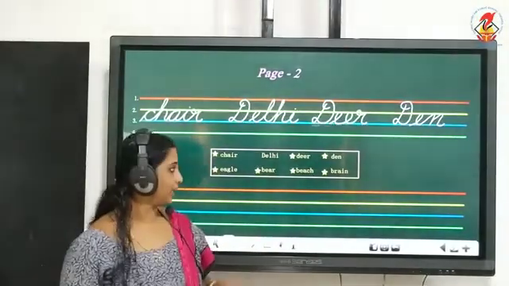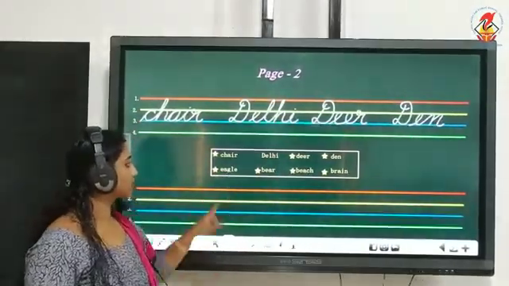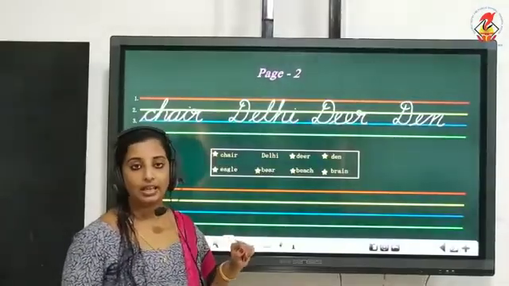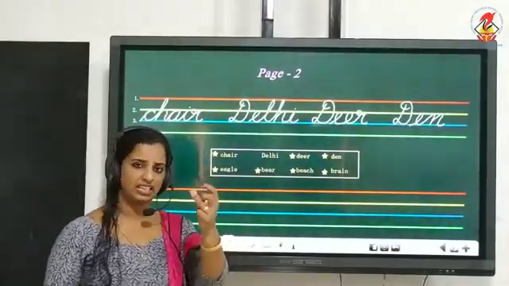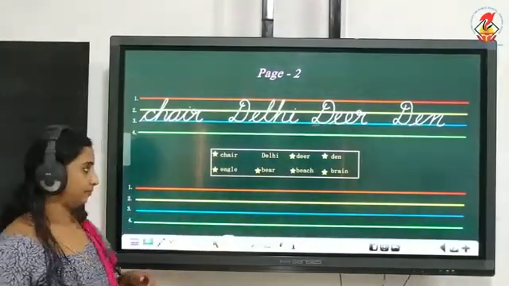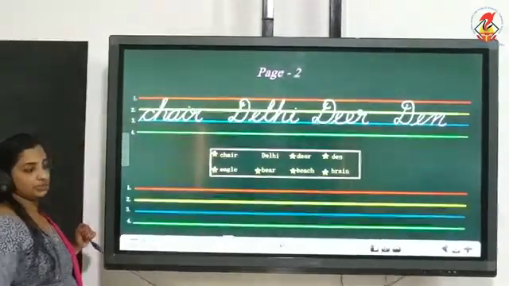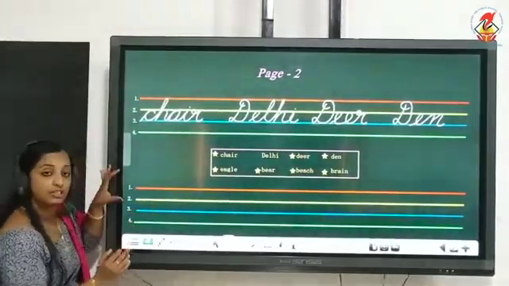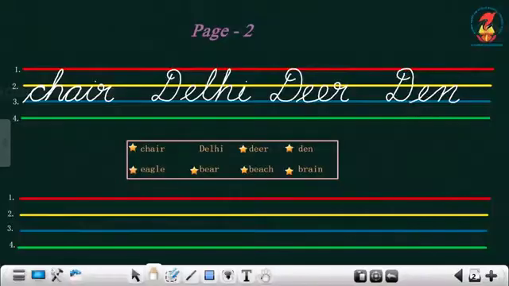D-E-N, den. Here you have the next word, eagle. E-A-G-L-E, eagle. Now what's a capital formation of the letter E? Even this particular capital letter starts in between the red and the yellow. That's the first and second line. Make a small loop.